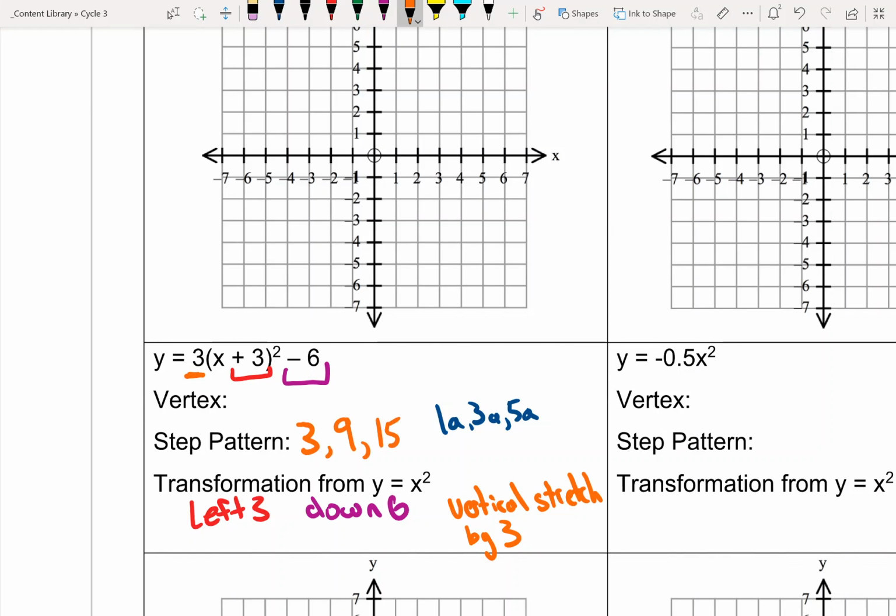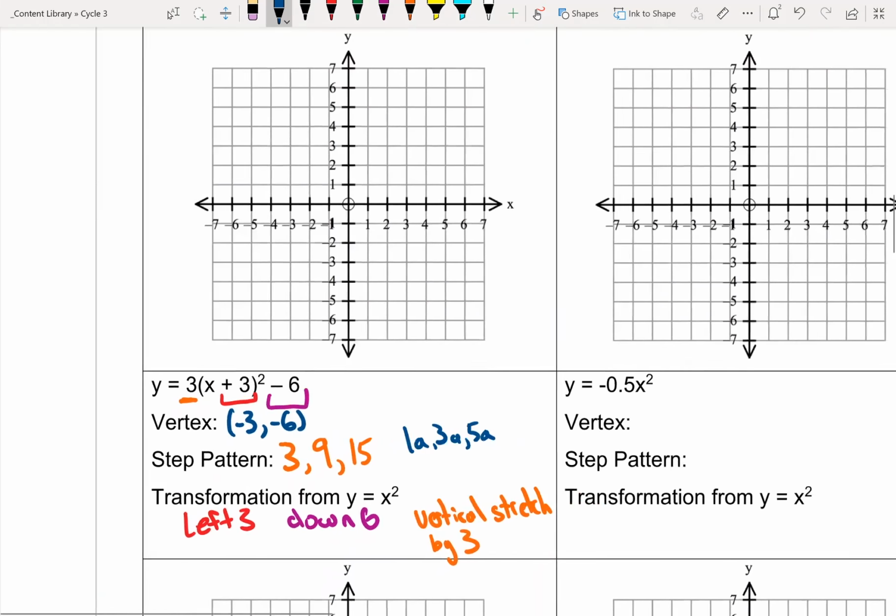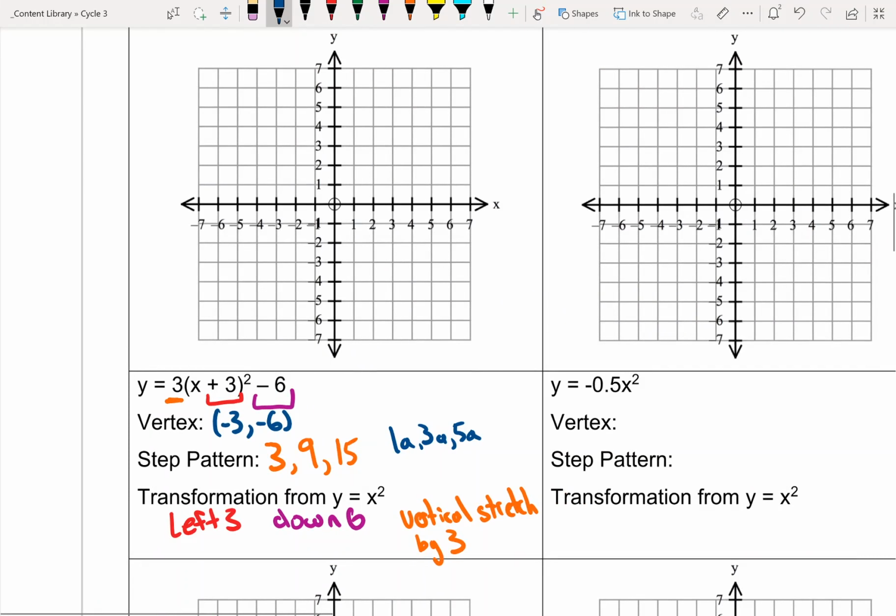So that's what my step pattern is. And my vertex is going to be -3, the opposite, and -6. This one's going to be a little bit trickier because we do have this vertical stretch in play. Again, I'm going to draw in my base form to help me with my transformations.